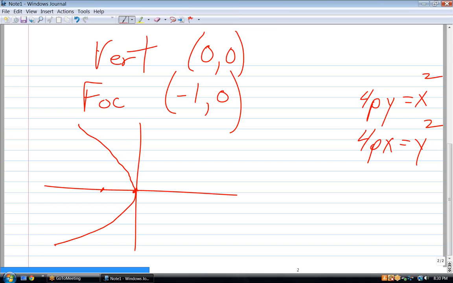And the focal length is? -1. Yeah, that's correct. P is -1. So now, let's write what the equation is. We know it's that kind of an equation, because it's sideways, it's not vertical. And we know p is -1. So what's our equation?